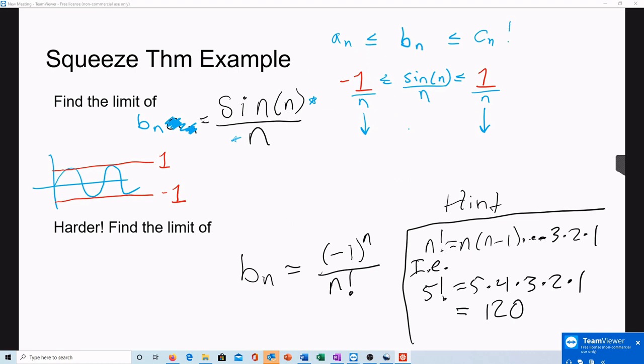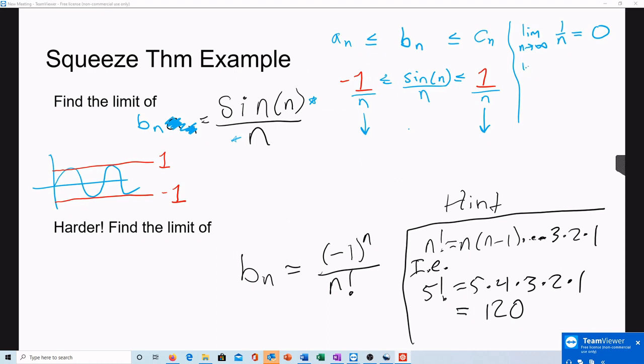Just off to the side here, the limit as n goes to infinity of 1 over n. Do we know anything about this? We just played around with this. We had a formula for this: 1 over n goes to 0. We actually saw this in Mathematica as well.